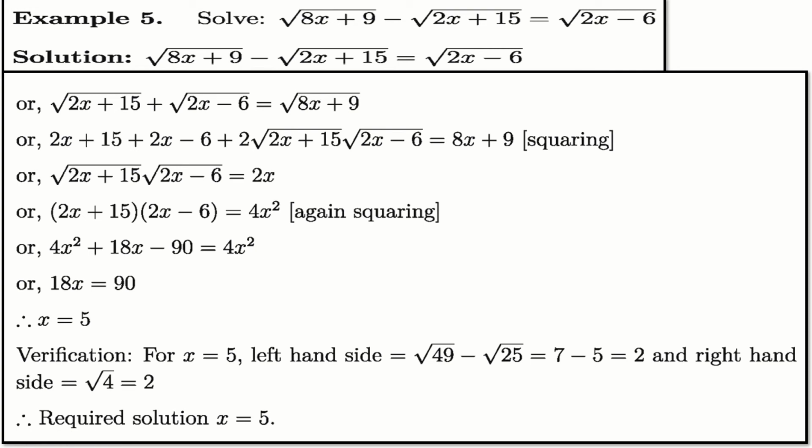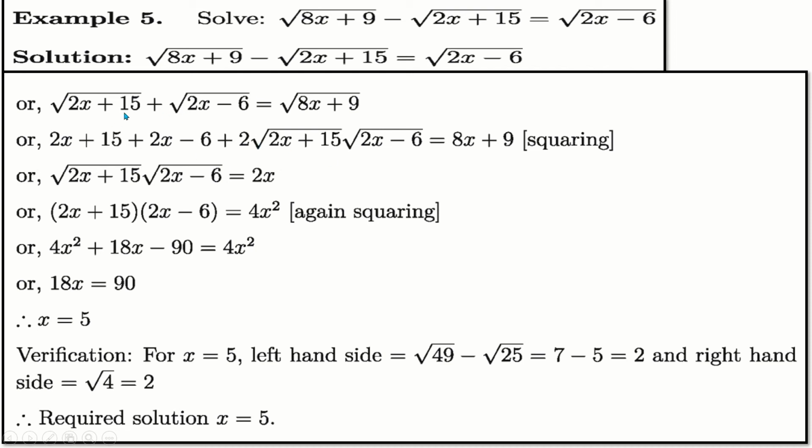So at first this converts into the right side, so the right side will all be plus and the left side also plus. Then we can write the first left side, that means the right side goes to the left side, and the left side goes to the right side. Now squaring on both sides.